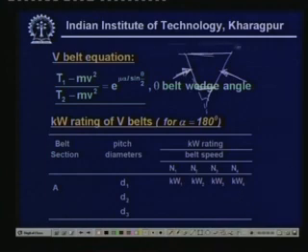For this reason, you have some extra frictional grip, so V belt transmissions are more capable compared to a flat belt. Another important feature of the V belt is that it is capable of transmitting power, as I told you, and the slip in the speed of belts is almost negligible.